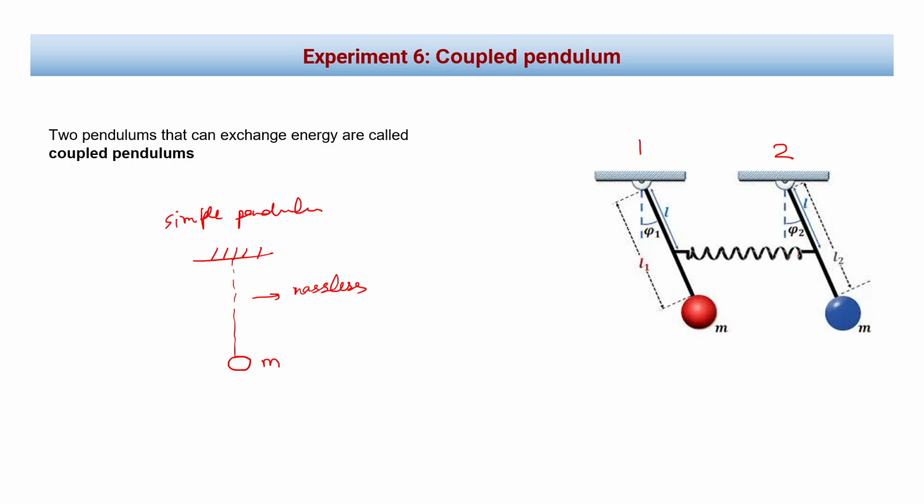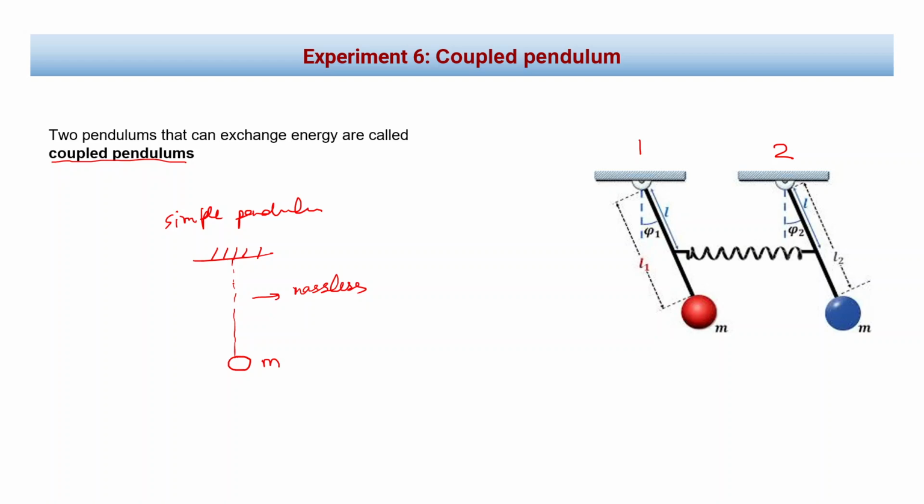If the joining is in this form, that here we have put a spring between these two pendulums, then now they are coupled, and thus the name coupled pendulum. Here these two pendulums are no longer independent, but they are dependent on each other, and this whole setup is called a coupled pendulum. We'll understand what are the different situations that can arise when we have a two coupled pendulum system consisting of two pendulums as shown here.